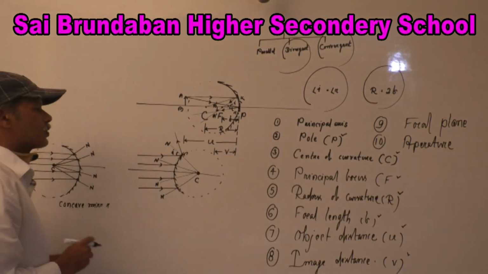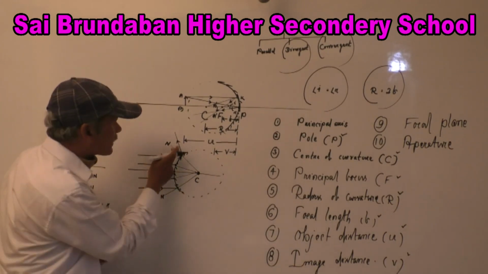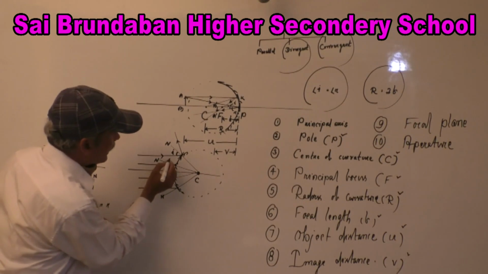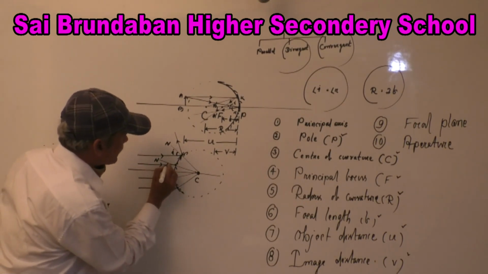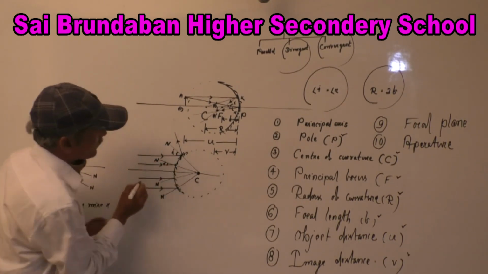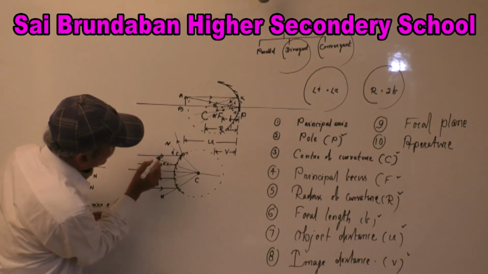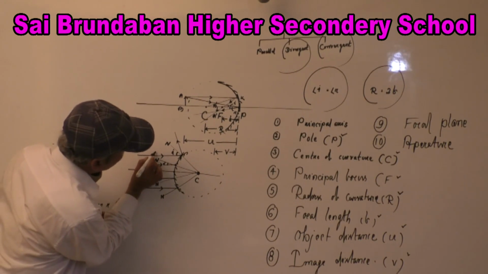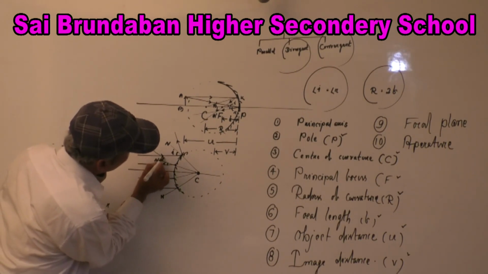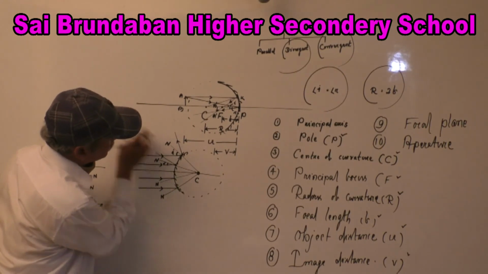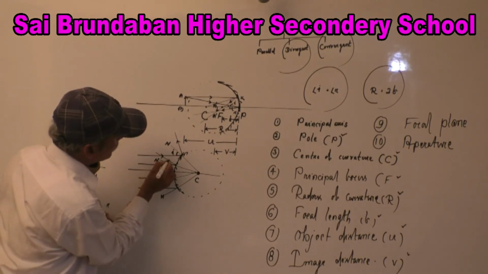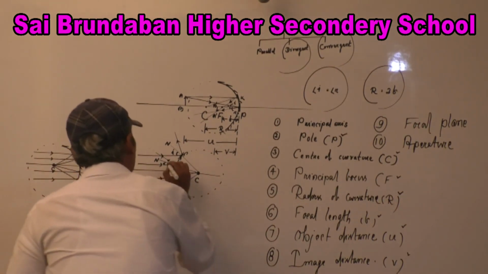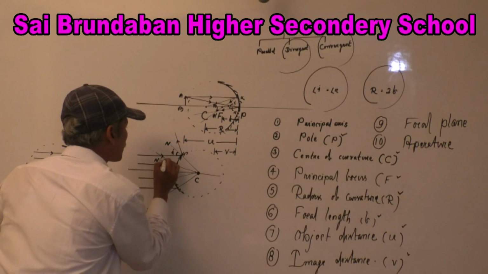So this is the reflected ray at this point of incidence. Similarly, this is I. This is R. No doubt this is R.